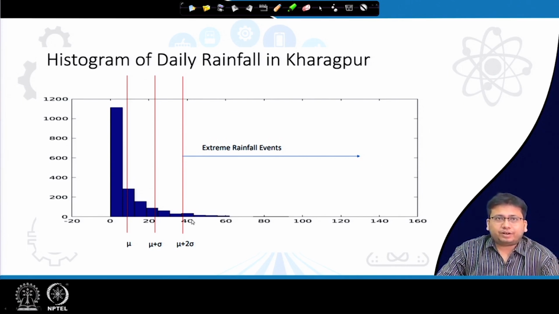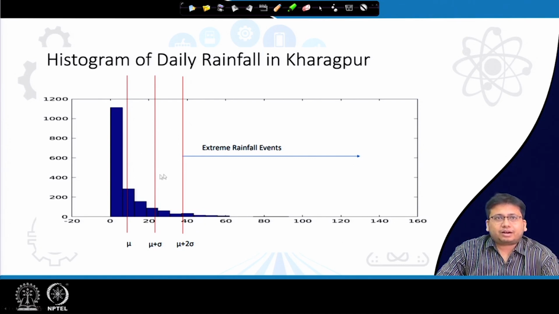So, every day in which the rainfall has been above this particular threshold, which is say something like 40 millimeters, all those days will be considered as extreme rainfall days. But you can see from this distribution how rare those extreme rainfall events are.